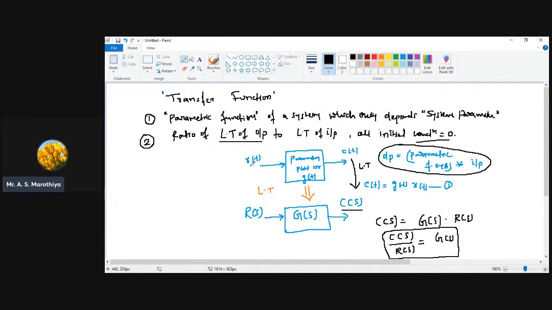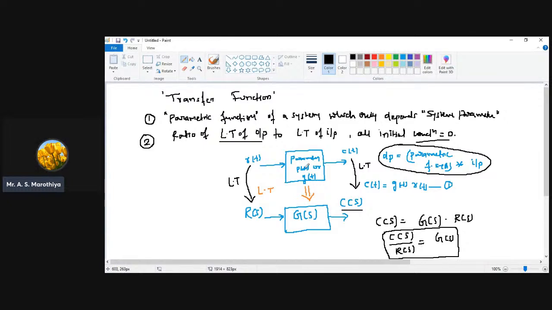It is the Laplace transform of input. That means if you have input like R of t, and you apply Laplace transform, it is converted to R of S. So what is transfer function? It is defined as the ratio of Laplace transform of output by Laplace transform of input.